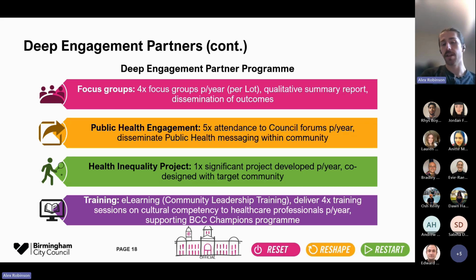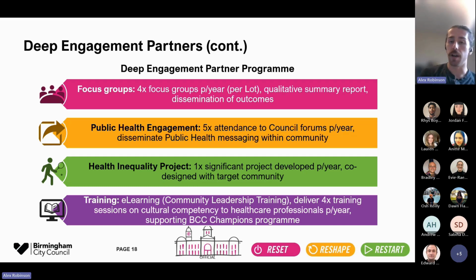They'll also be asked to disseminate public health messaging within the community through a range of different channels, and deliver 1 major public health intervention to address health inequalities per year that is co-designed with the community and based on the inequalities identified within the community health profiles. So again, that could be something to do with substance misuse, mental health, physical activity.